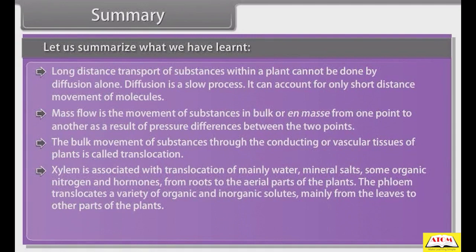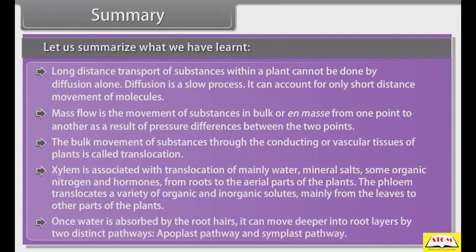The phloem translocates a variety of organic and inorganic solutes, mainly from the leaves to other parts of the plants. Once water is absorbed by the root hairs, it can move deeper into root layers by 2 distinct pathways, apoplast pathway and symplast pathway.